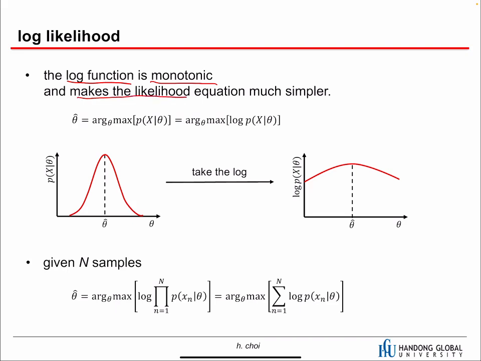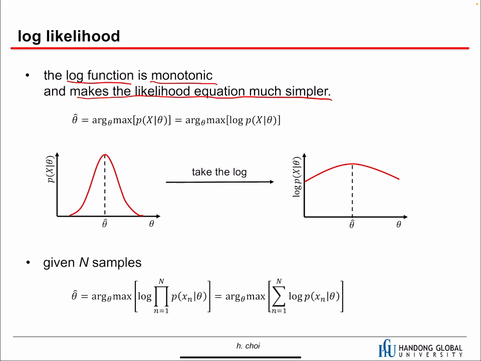So it makes the likelihood equation much simpler. That's the reason why we take this log function here, especially when the distribution is based on the exponential family, like Gaussian distribution. Gaussian distribution has an exponential function there, and if we take a log function, then the equation will be much simpler and easier.